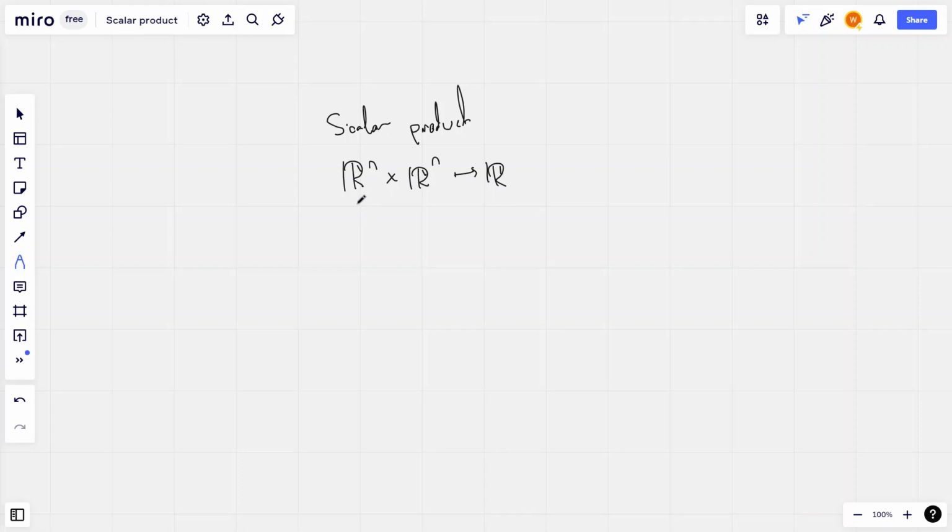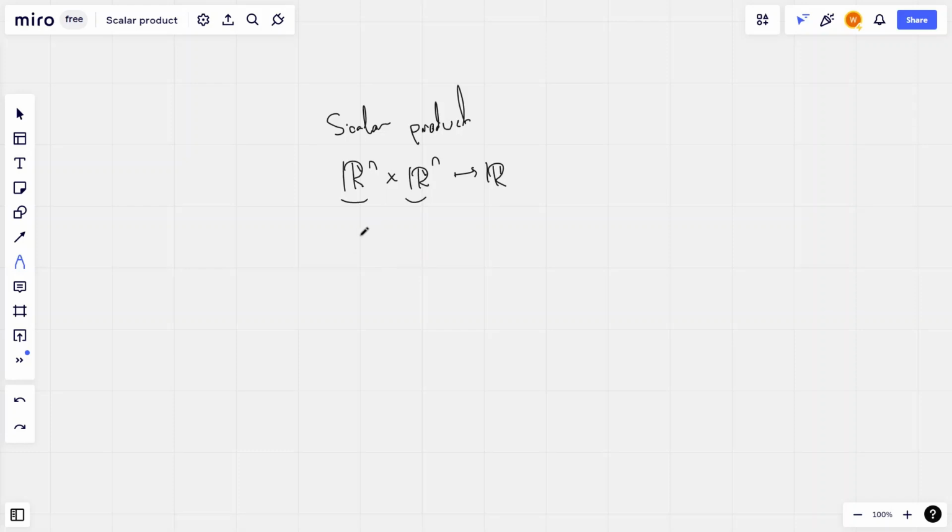So what I'm saying is that if we dot a vector with another vector in the same real space, then we just get a real number.